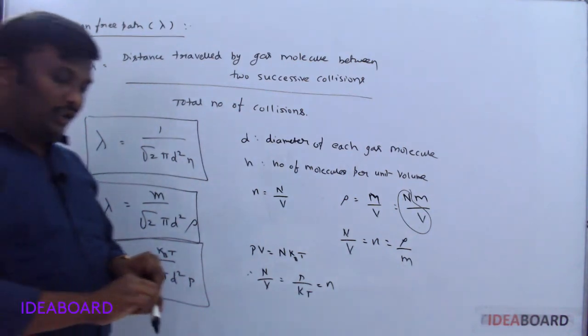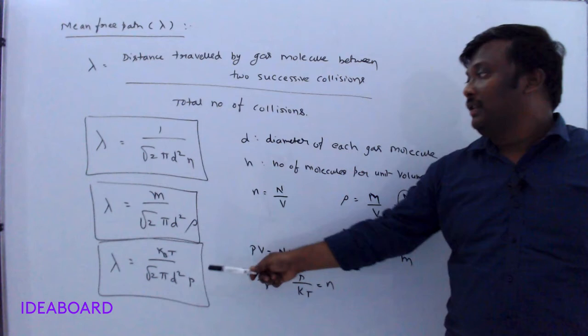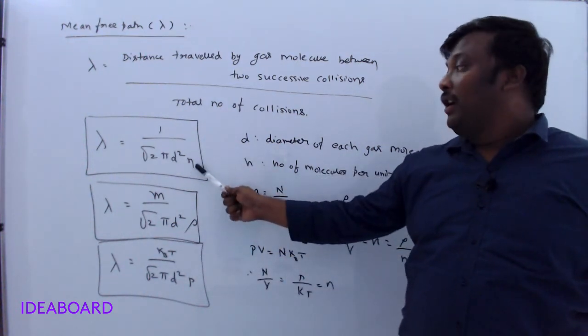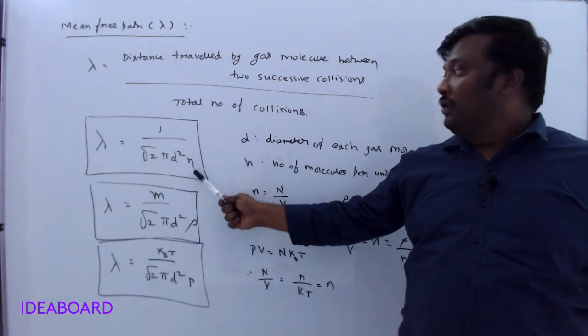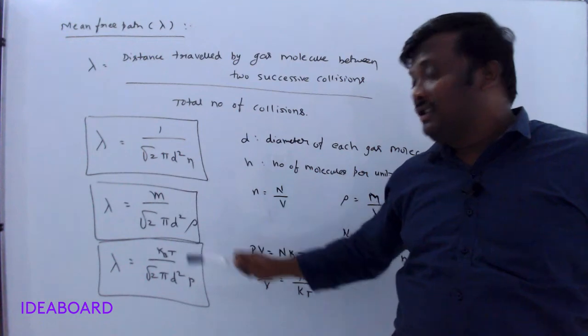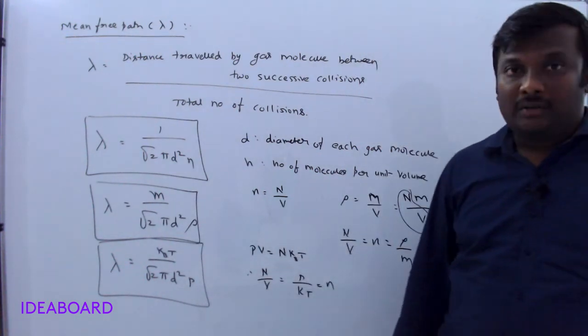Depending on the given question, we can use any one of these three formulas related to the mean free path. If they give the diameter of each gas molecule and the number of molecules per unit volume, use this one. If they give the mass of the gas molecule and density, use this one. If they give the temperature and pressure of the gas, use this one.